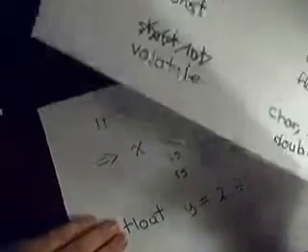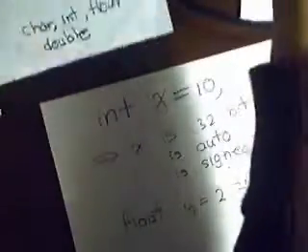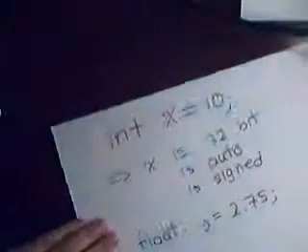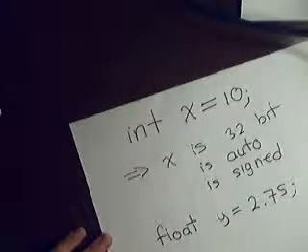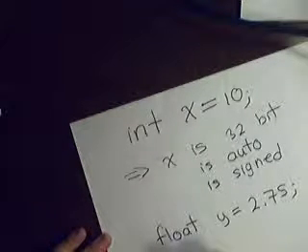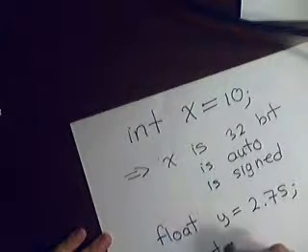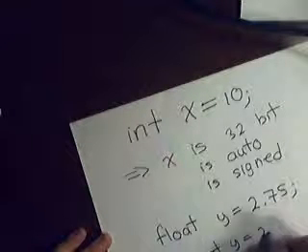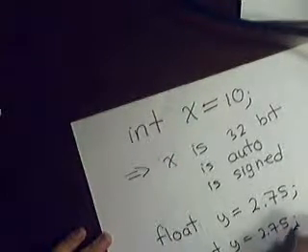And as far as the specifiers, it could either be static, extern, or auto as before. So I could also use something like static float y is equal to 2.75 and so forth.